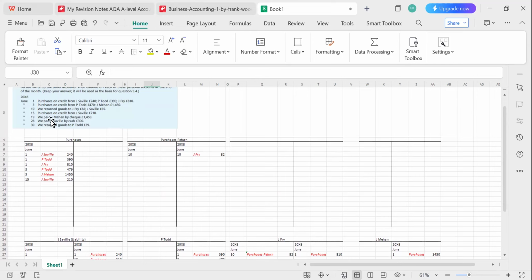Now we paid J Mahan by check. So we paid him. We're gonna make the bank account. Paying by check, so bank account must be credit. It's happening on 28. Bank account is credit with 1450.